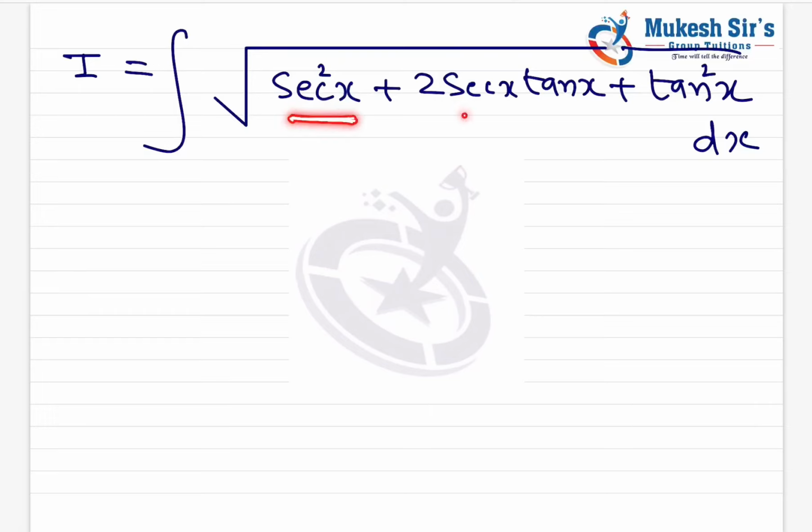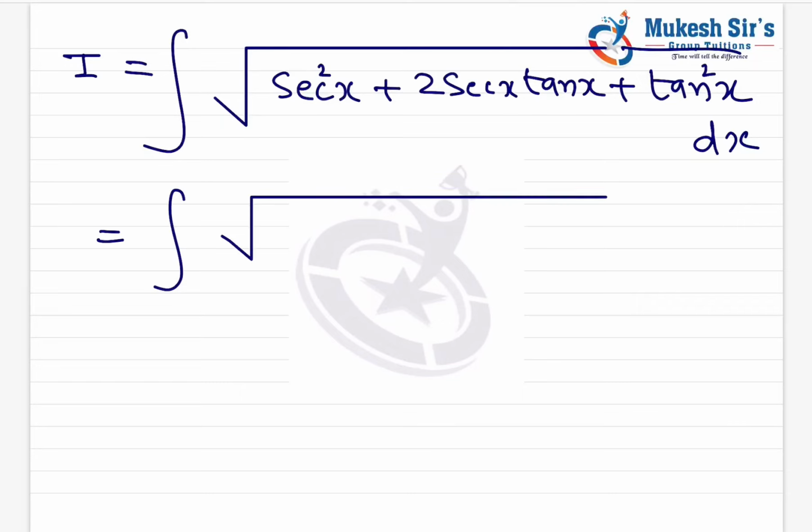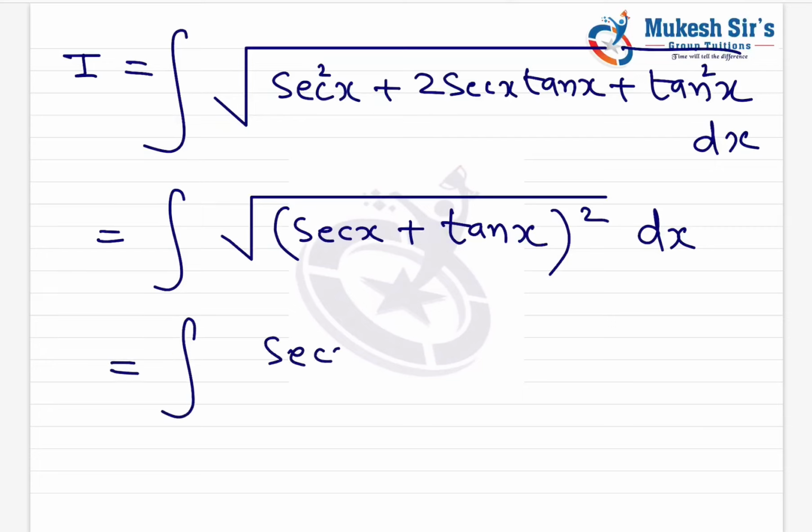It's a square plus 2ab plus b square, which is a plus b the whole square. So that becomes integration of root of sec x plus tan x the whole square dx. Now the square and root get eliminated. You get integration of sec x plus tan x.